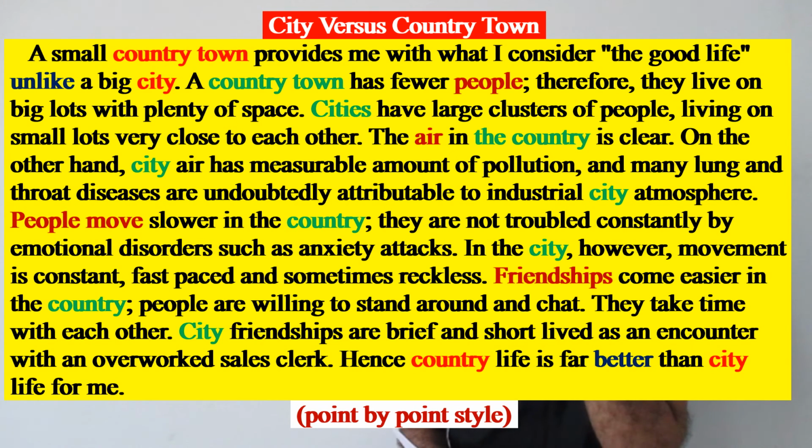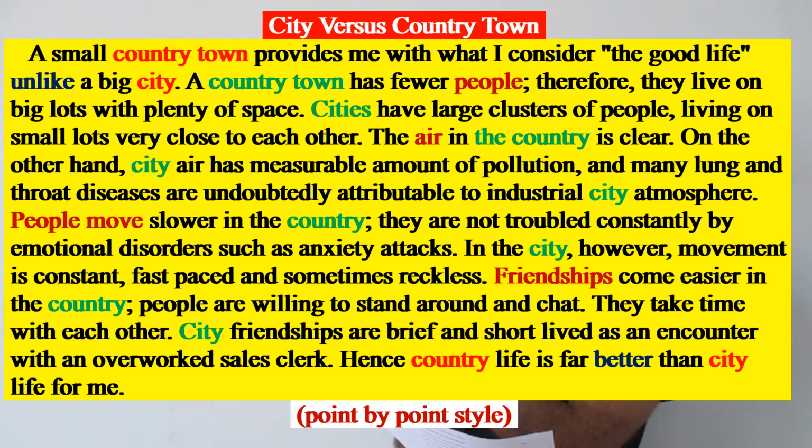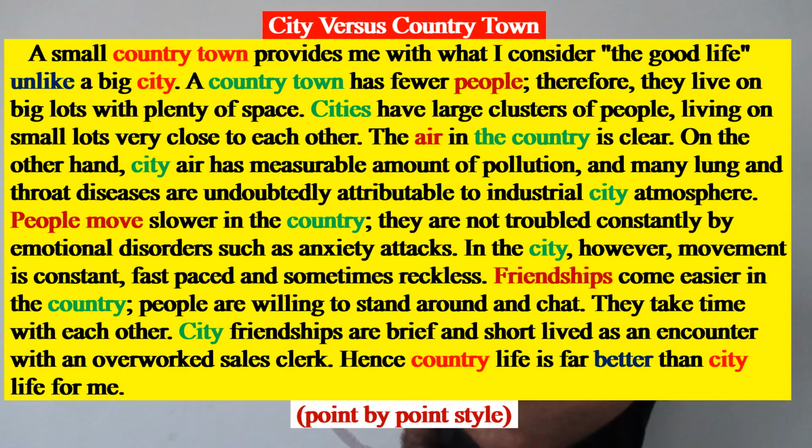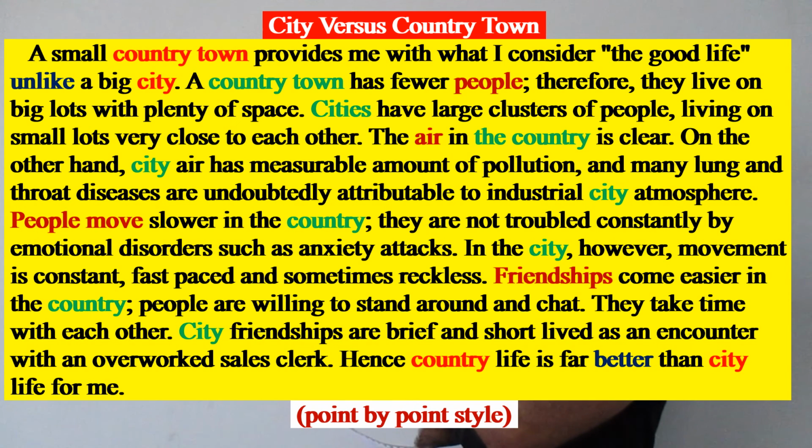Then he shows the differences clearly between the two subjects with regard to these points, using the pattern of point by point. You see, every time he first mentions a point, then he explains how the two subjects are different in this point. Clear, point by point pattern.